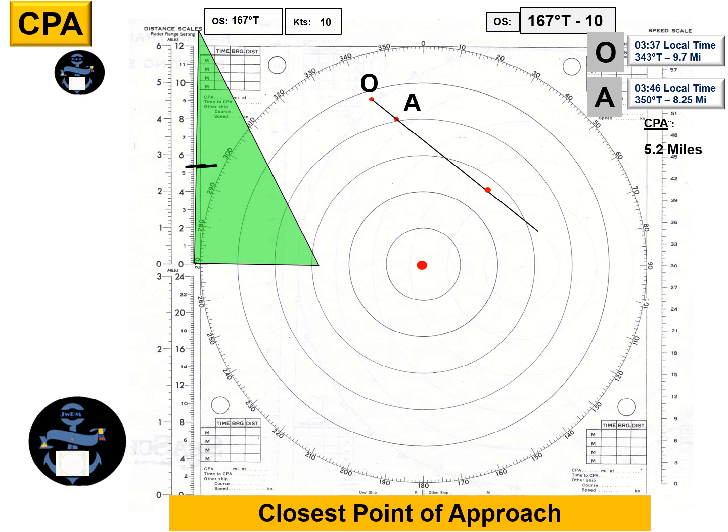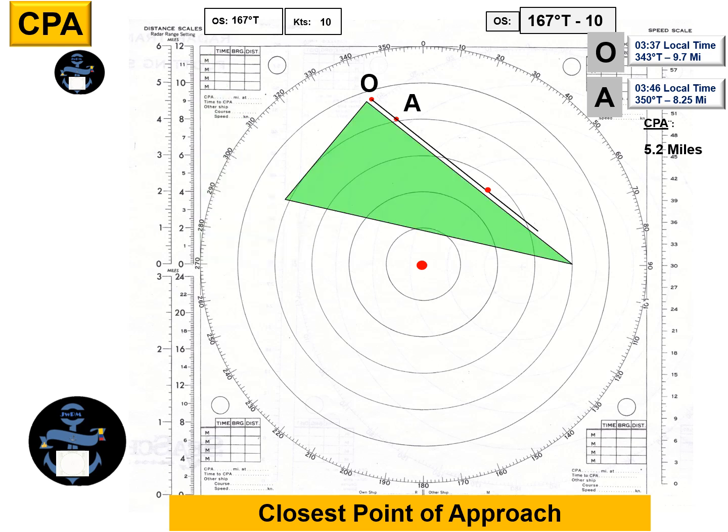The question is what time is this going to happen? So therefore I need to know two distances and time. First, the distance between O and A and time, and that's okay for me because O and A I can compare with the scale, and the time I know is 9 minutes.